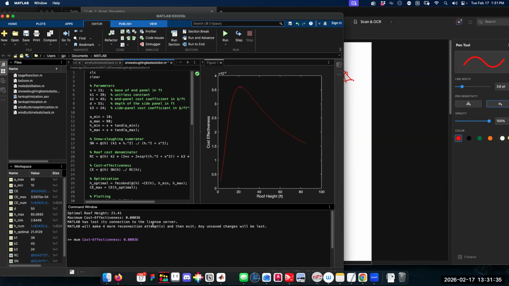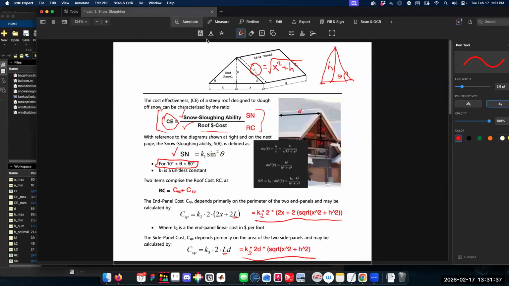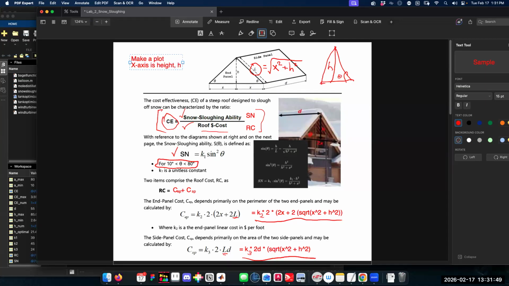Yeah, if we were to simplify this, I can say here, make a plot. X-axis is height of roof, and y-axis is CE, cost effectiveness. For x-axis, you'll need the bounds of it.